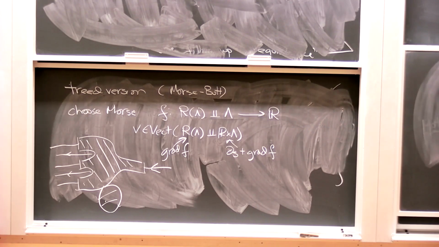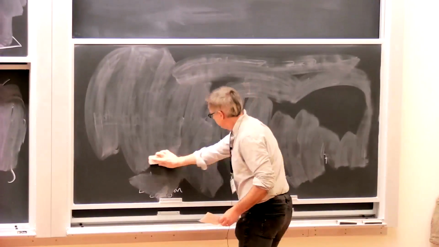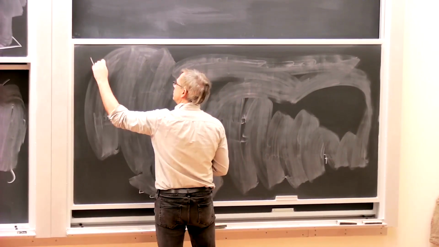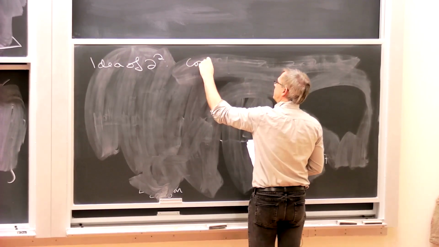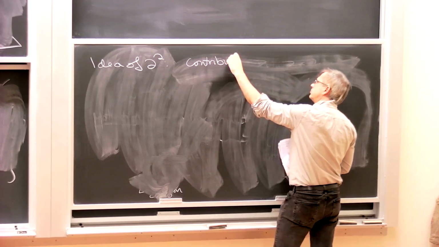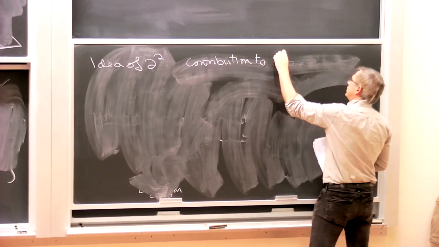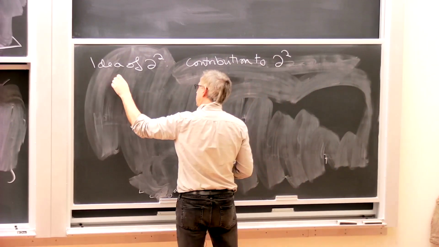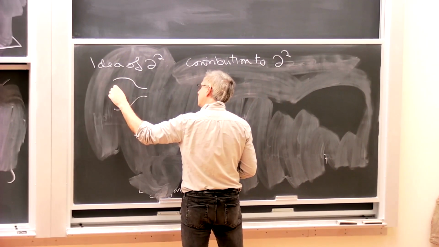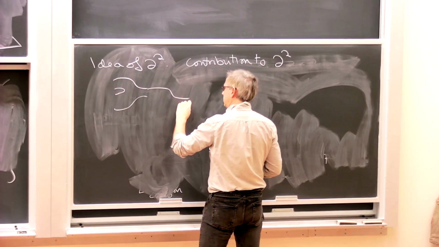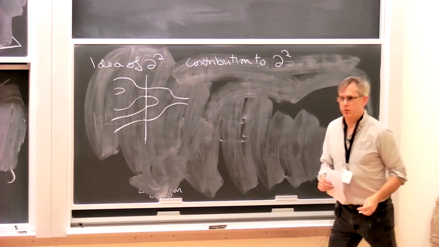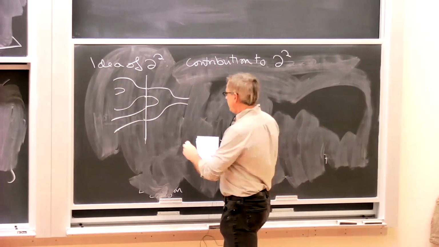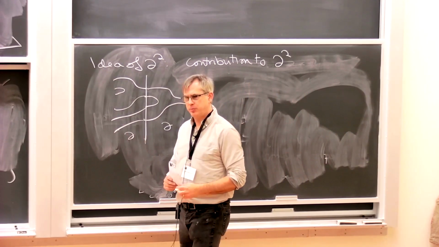The proof of the del squared equals 0 relation is supposed to be that if I have some contribution to del squared, it looks something like this. Each one of these is a contribution to del.